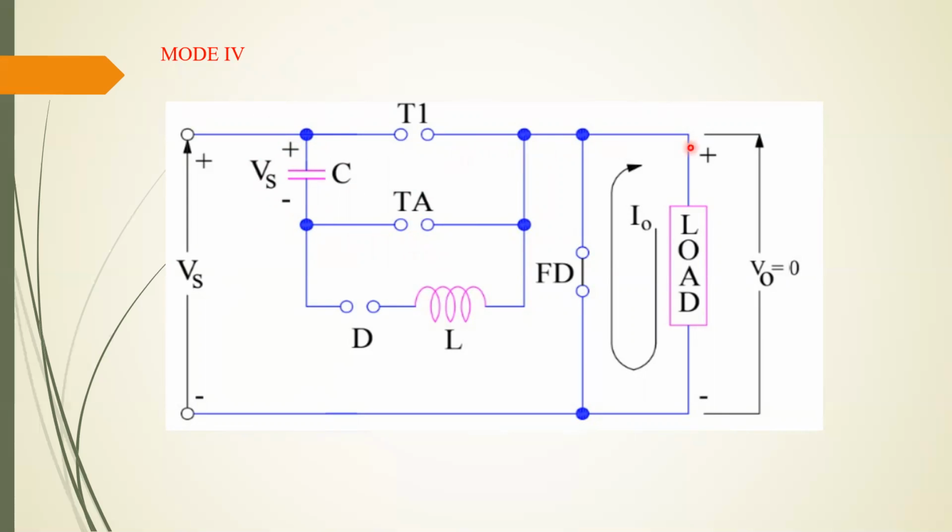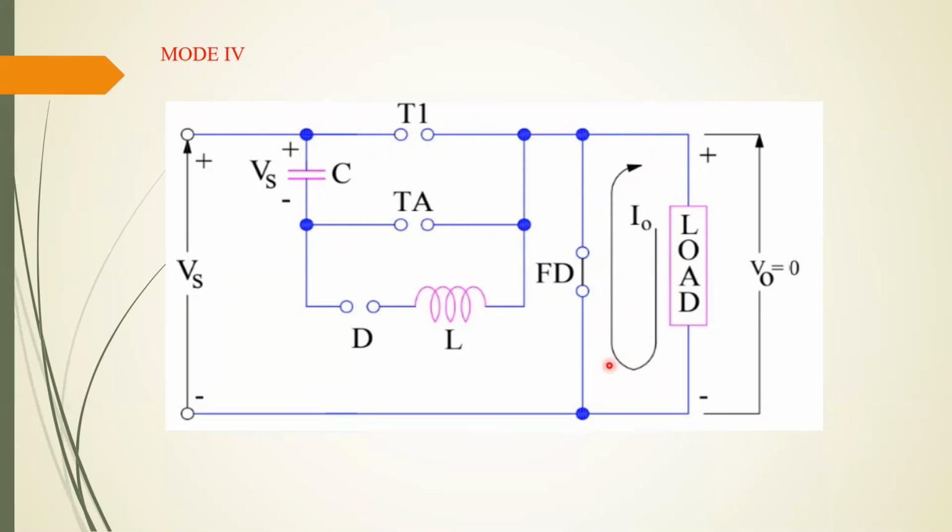So the circuit current is now, whatever the supply voltage Vs, now it is not connected to the circuit. There is no source current flowing through the circuit because thyristor T1, TA and the diode are all off. Now my load is an RL load. So when the source voltage is 0, the inductor present in the load starts discharging, and the discharging current flows through the freewheeling diode.